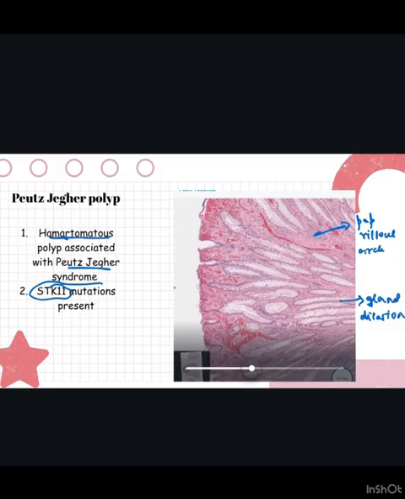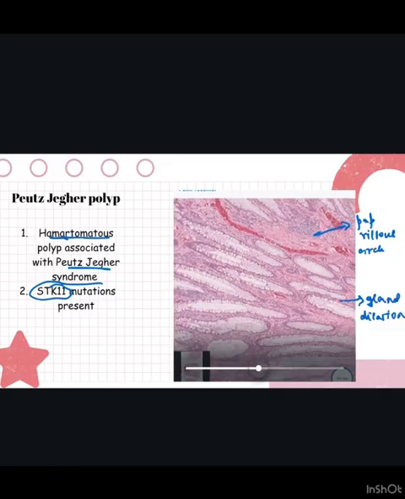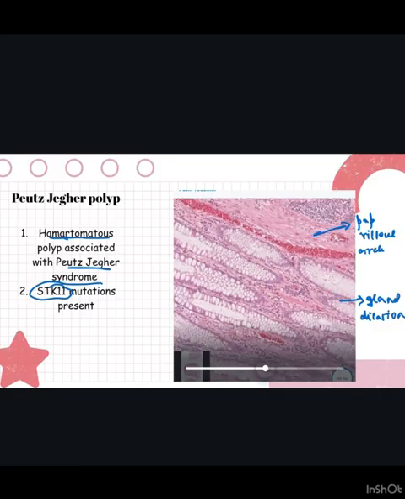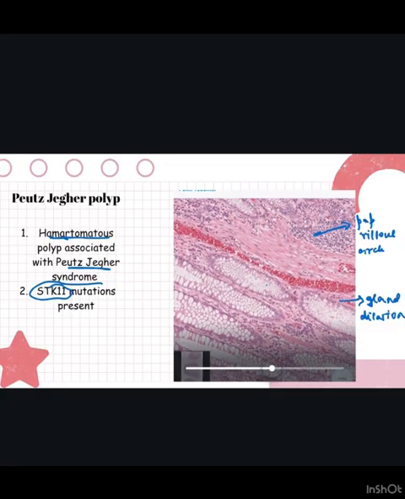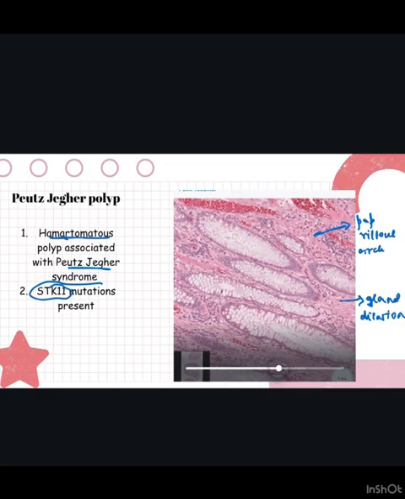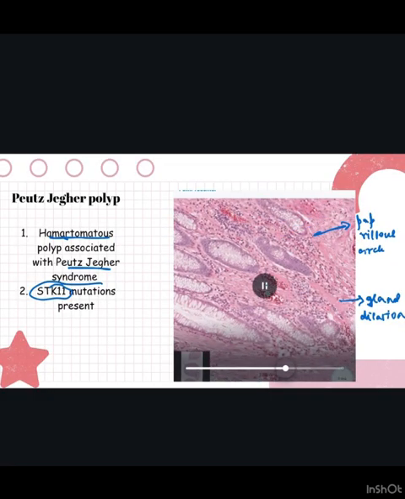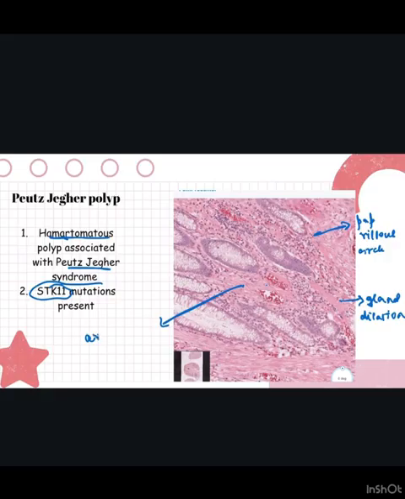You can also see, as you go further, that there is arborization of the smooth muscle fibers. The smooth muscle fibers form bundles and they show arborization, or arborization of smooth muscle bundles.